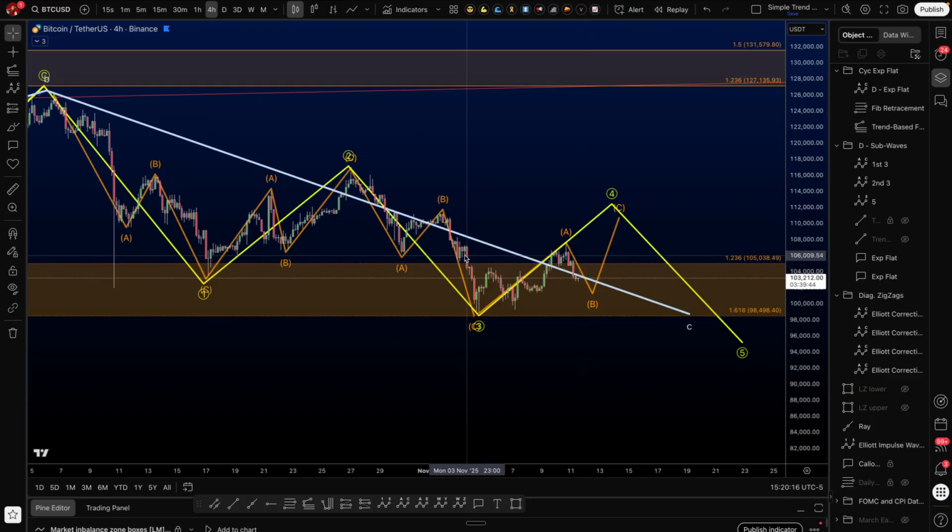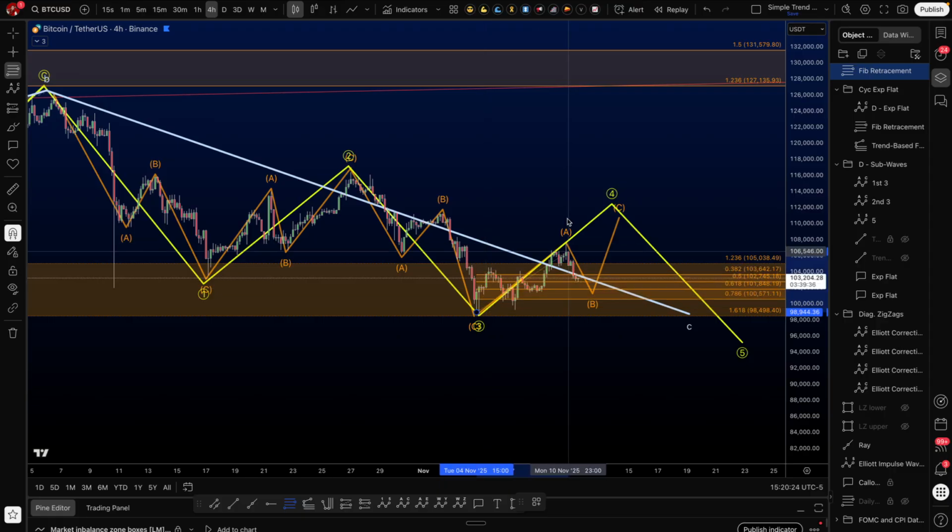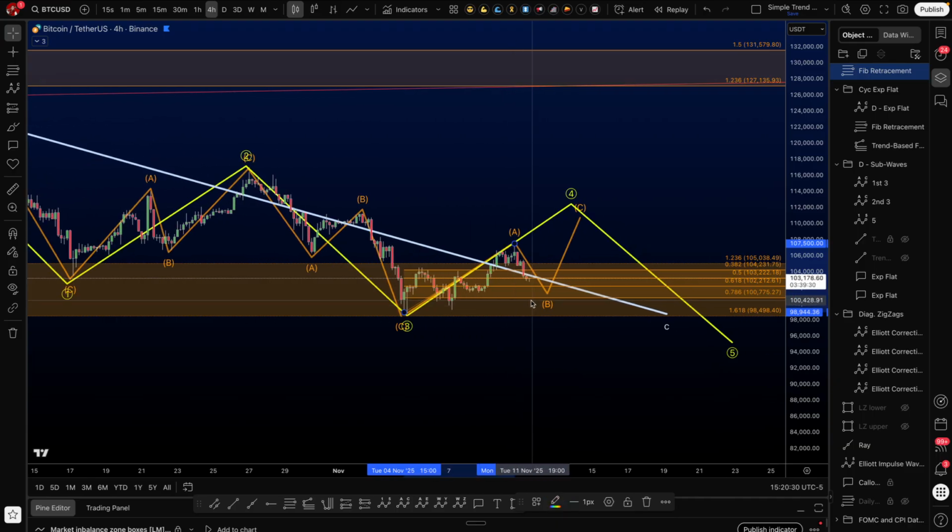But using my retracement values, if I start from the origin of A to the end of A, and I select zigzag because zigzags are what I'm expecting, then there's this other orange area.